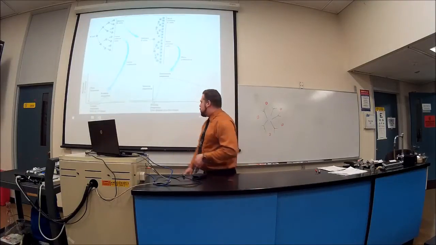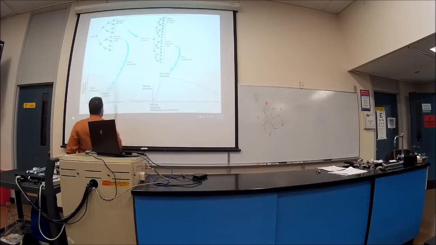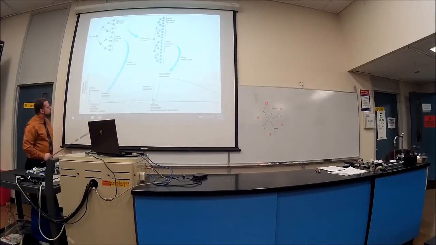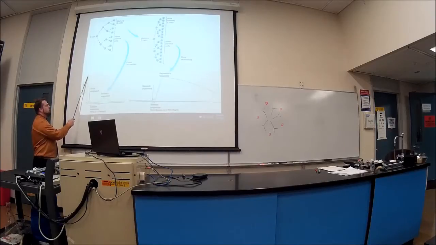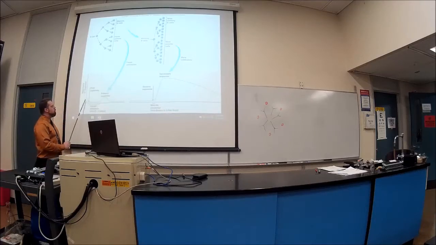So let's look at this little chart over here. What happens here, this is the response to the virus, and this is time. Our first response might take 2 to 3 weeks, and you've got a little response that happens.